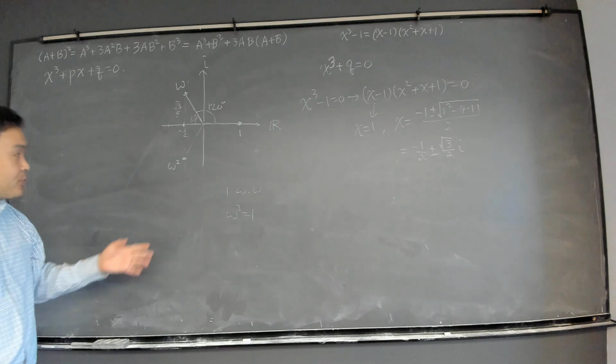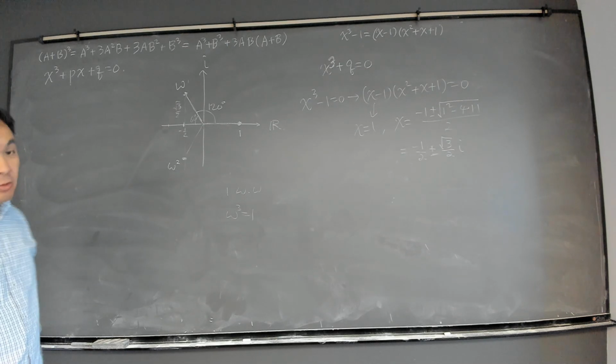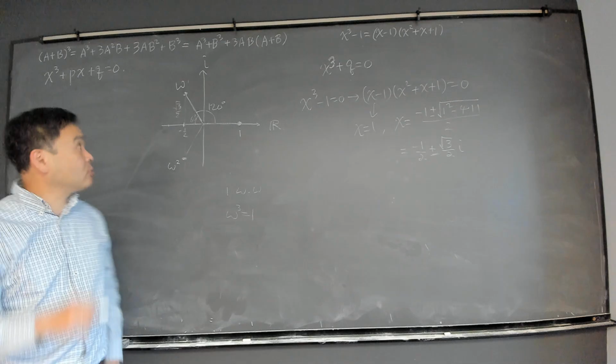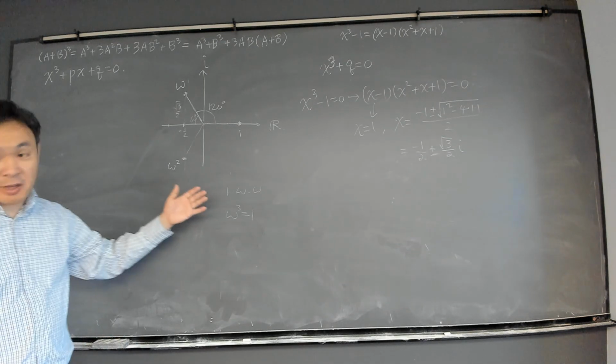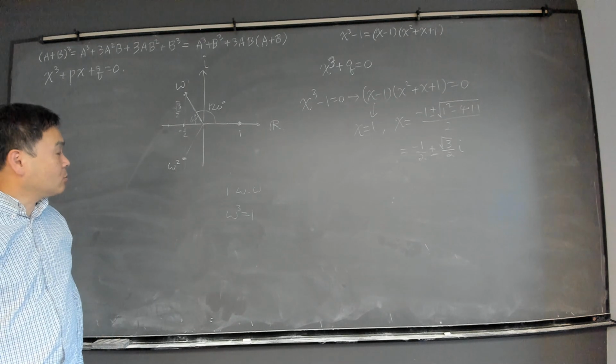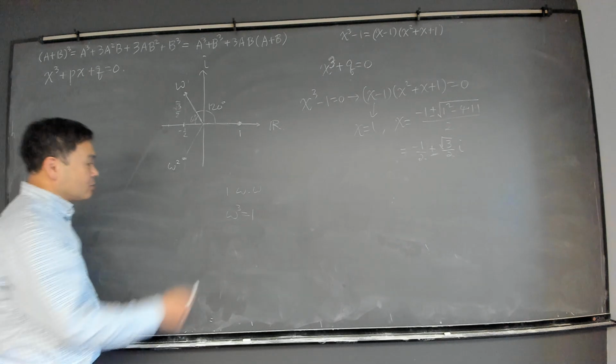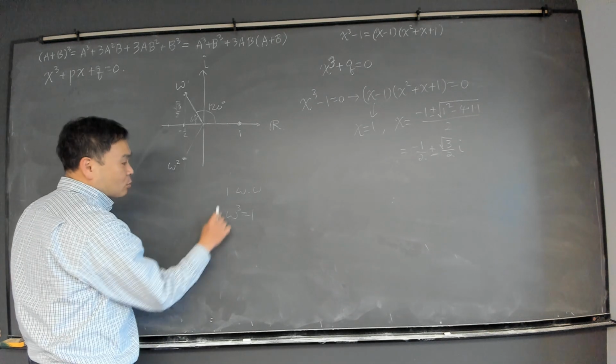So that's good. And this omega is going to be used for the construction of a general solution. That's why I'm trying to spend some time over here. So you want to know some properties of this omega. So this is one property.